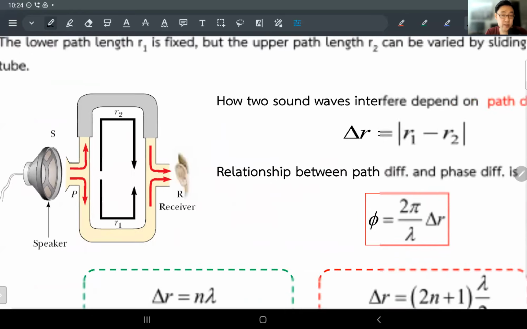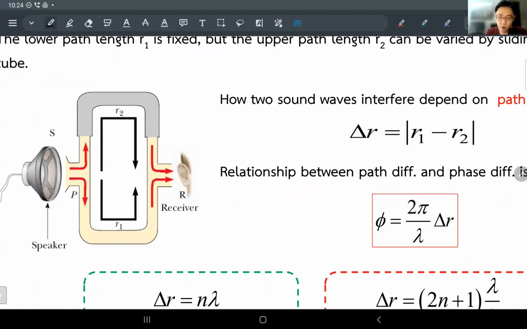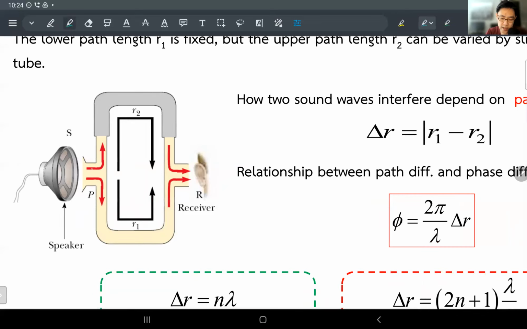Just like the two you saw before, think of the upper path that the sound travels. Let me use the blue, oh, the blue is down here. The R1, so the wave had to travel the bottom path here to reach the observer's ear. And now there is another sound coming out, and it has to travel R2 to reach the observer's ear. So far, so good.